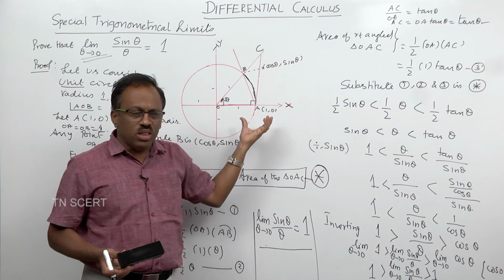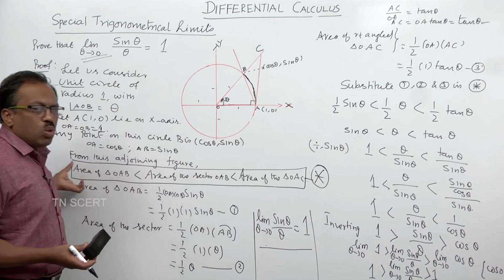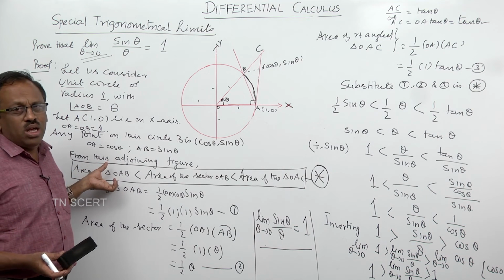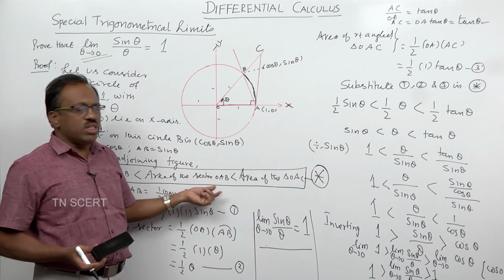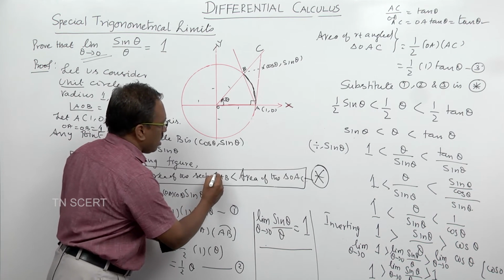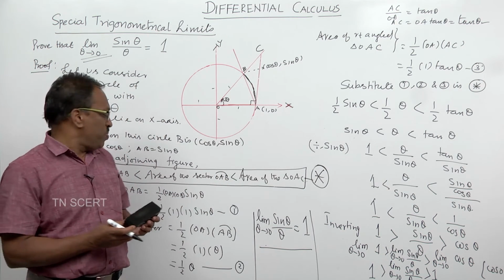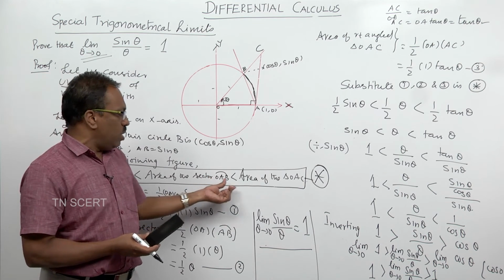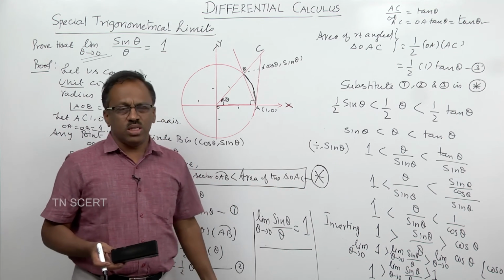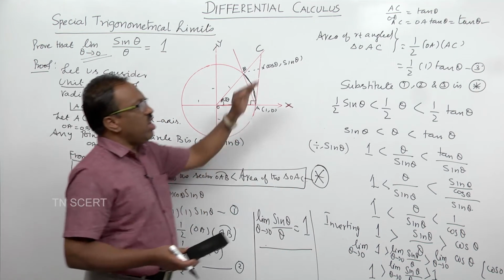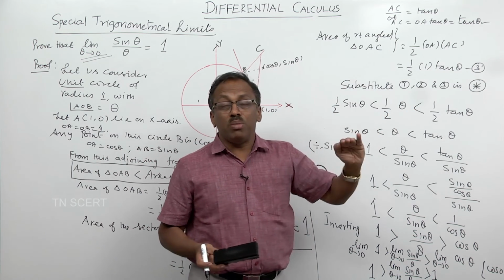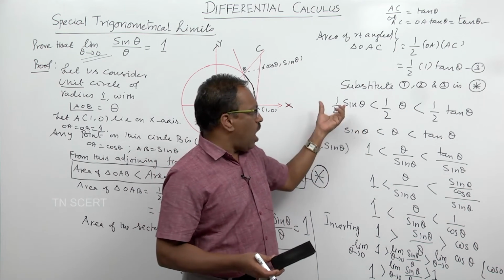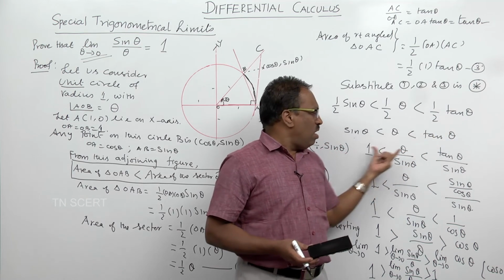First you should understand this inequality part: area of the triangle is less than area of the sector, and area of the sector OAB, area of the triangle OAC.